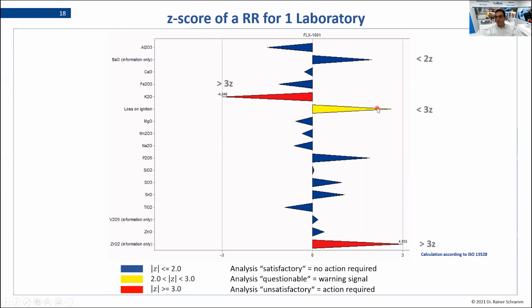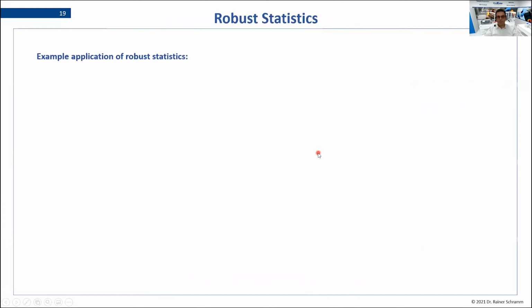The warning levels, this is between 2 and 3, and the reds are outside of 3. So then you know immediately how you perform. And when you have more than one sample, you could, for example, check if always the potassium is too low. So you might have there a systematic error in your analytics. So this you can see then easily from this kind of presentation.